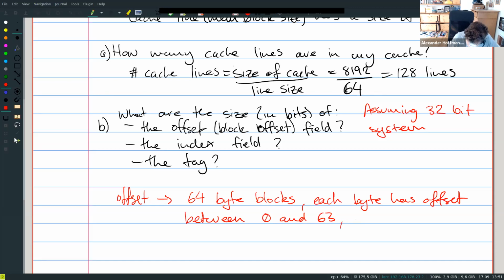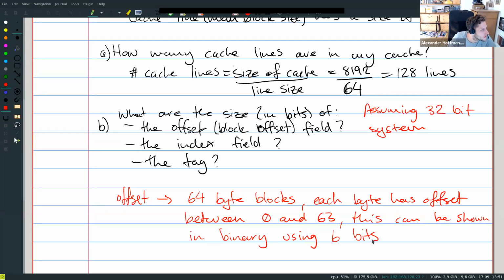So this can be shown in binary using how many bits? 1, 2, 4, 8, 16, 32, 64, using 6 bits.